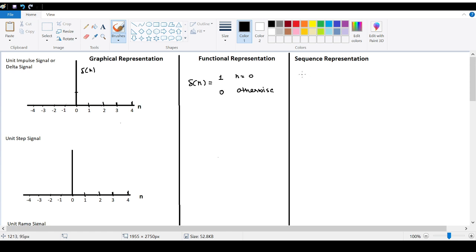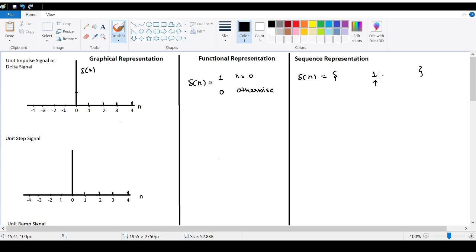Now whenever we want to represent the unit impulse signal in the form of sequence representation, I can represent it within curly braces, saying that it has value 1 at the 0th position. The 0 position is represented with this up arrow symbol.